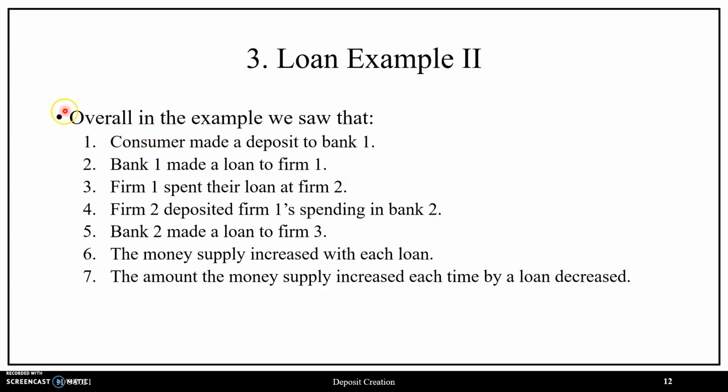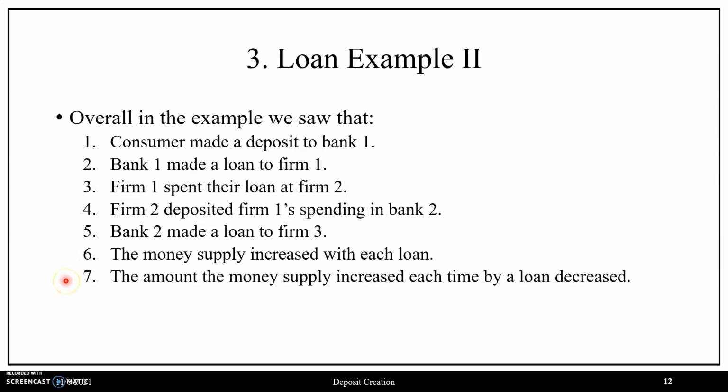Now, overall, what we saw with this process is that Consumer 1 made a deposit to Bank 1, which allowed Bank 1 to make a loan to Firm 1, from which Firm 1 spent that loan at Firm 2. Firm 2 deposited Firm 1's spending in Bank 2, which then allowed Bank 2 to make a loan to Firm 3, where at each step of the way where a loan was made, the money supply increased.